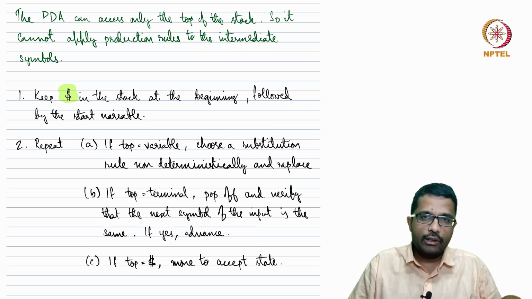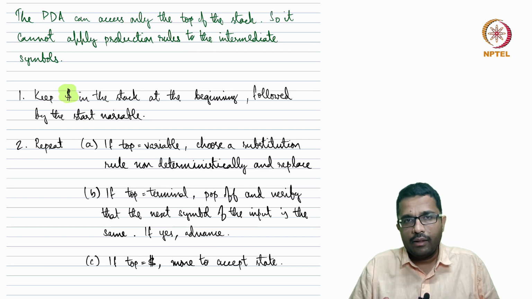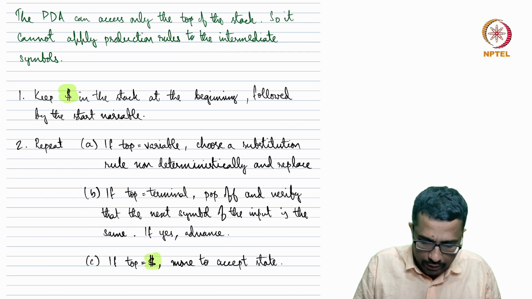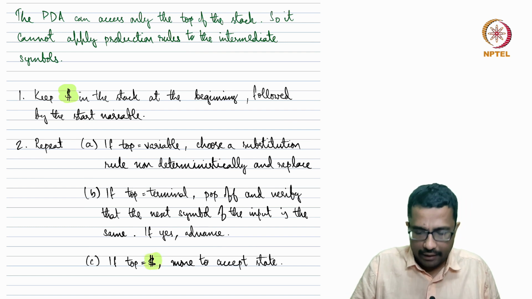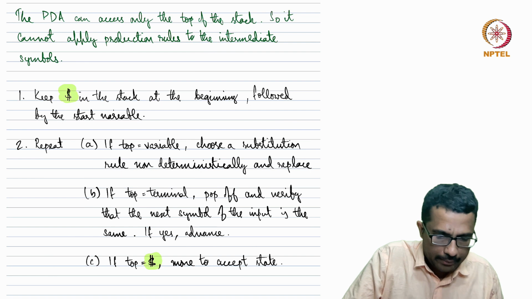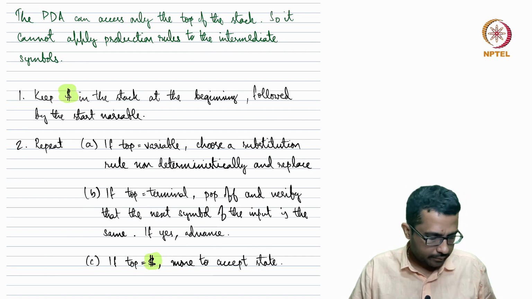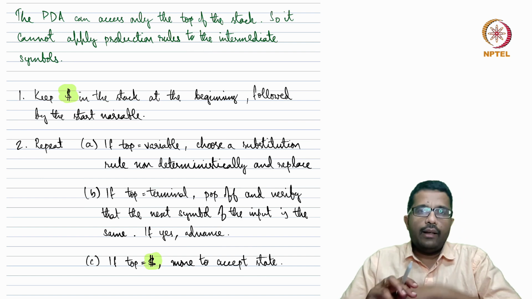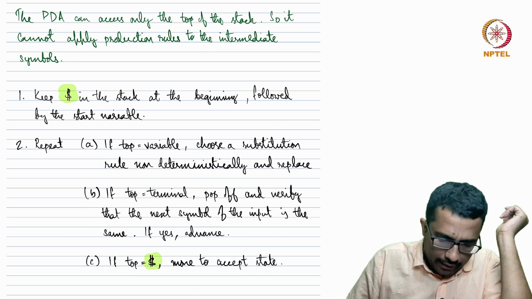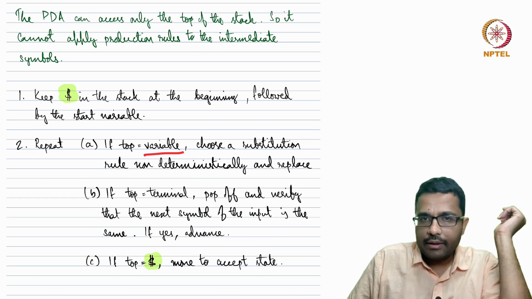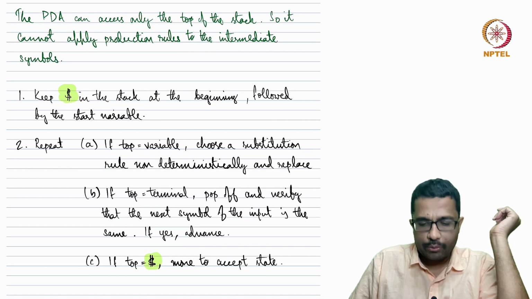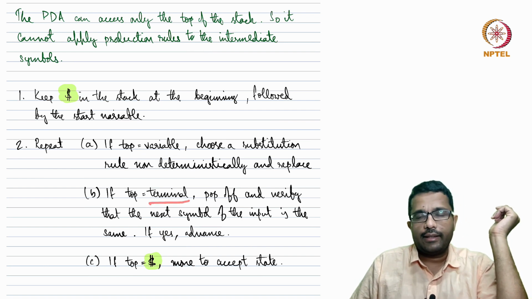That's why we put the $ at the beginning. At the end we'll ensure that there is a $, and that is when we go to the accepting state. That is the purpose of the $. The other two cases are: you just look at the top of the stack. If the top is a variable, that is one case, and if the top is a terminal, that is another case.